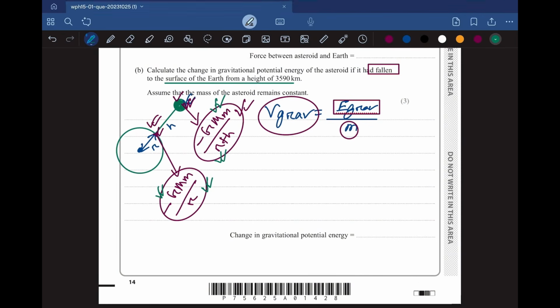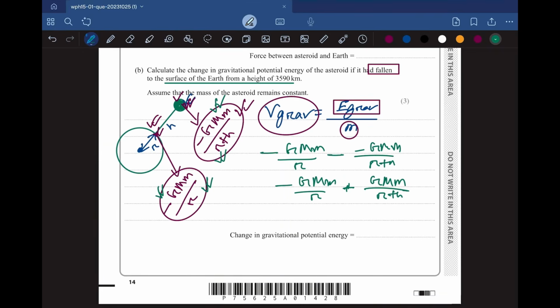So final minus initial, so it will become minus GMm by r minus (minus GMm by r plus h). So this formula can be written as minus GMm by r plus GMm by r plus h. This is how this particular formula can be written down, right?